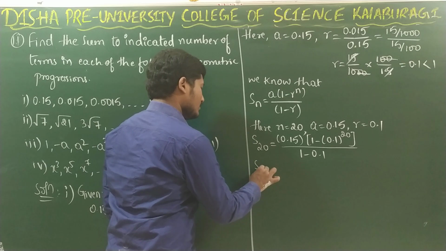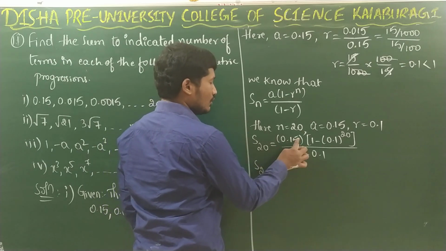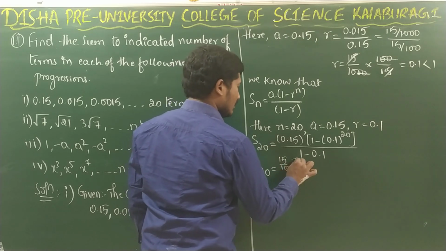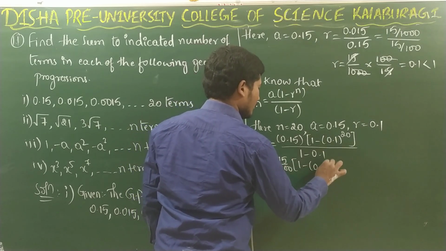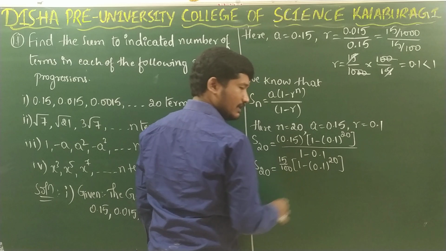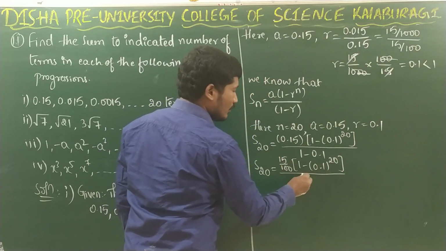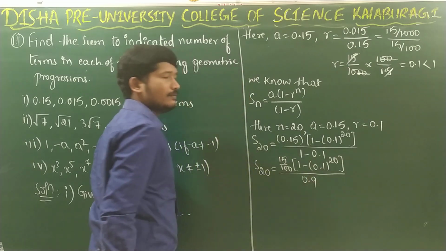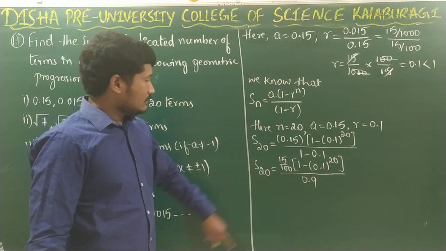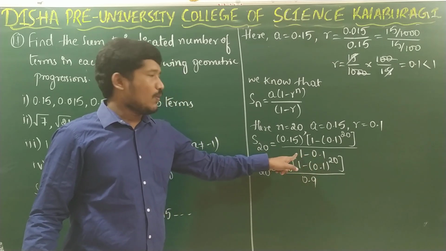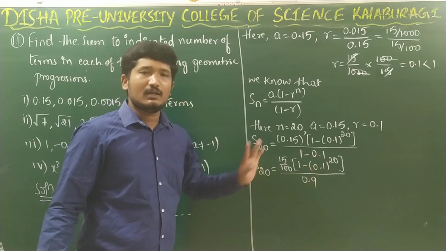Now S20 is equal to 0.15, which can be written as 15 by 100, right? Into 1 minus 0.1 whole power 20, write it as it is, whole divided by 1 minus 0.1, which is 0.9. Am I right? 0.1 plus 0.9 is again 1.